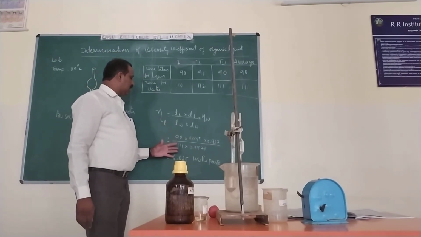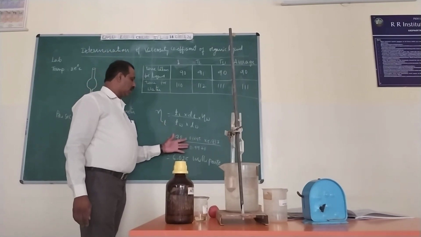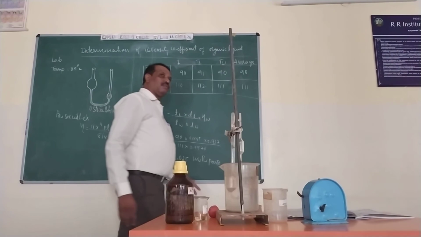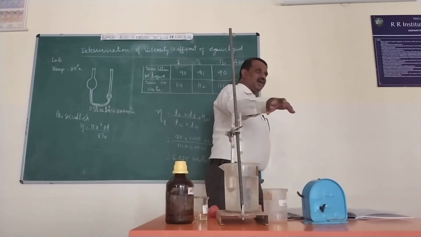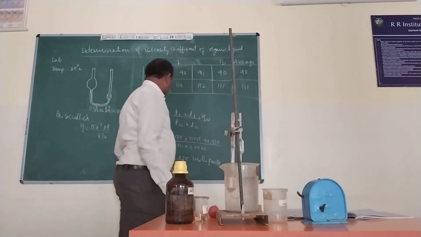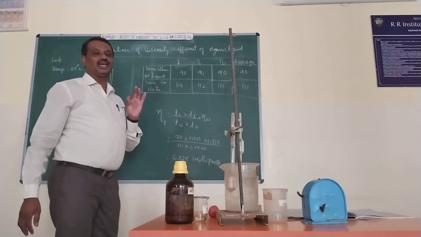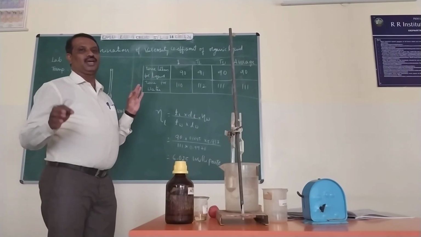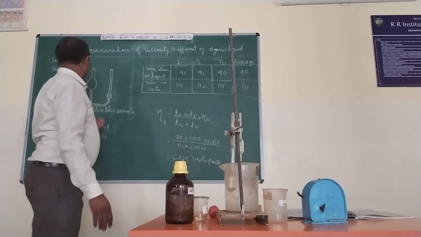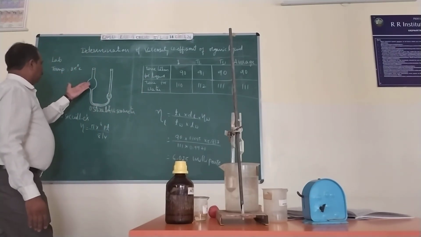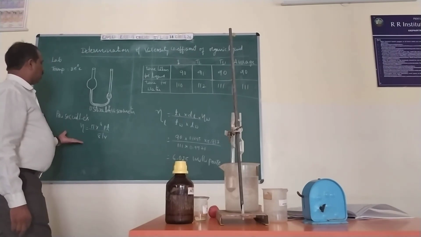Afterwards, we can easily calculate after substituting, and finally we get 6.02 millipascal-seconds. This is the viscosity coefficient of the organic liquid, and with different temperatures you will get different values.